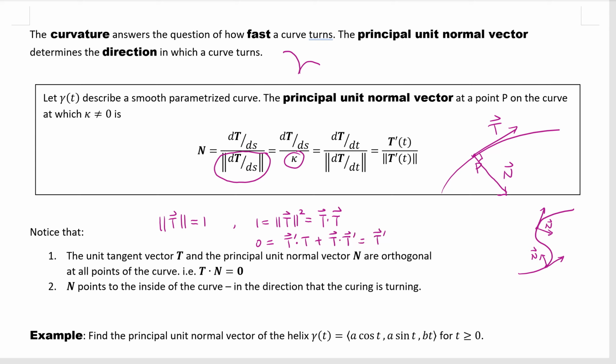So that's why T prime dot T is 0. But N is just T prime over the magnitude of T prime, so they're in the same direction. That's why N dot T is also 0. So far so good. So N points to the inside of the curve, which is the direction that the curve is turning. Okay, I have a typo here.